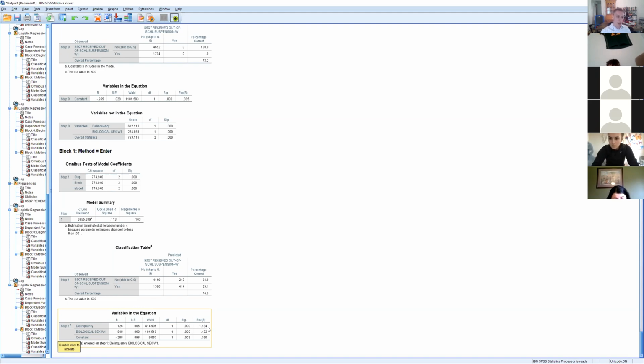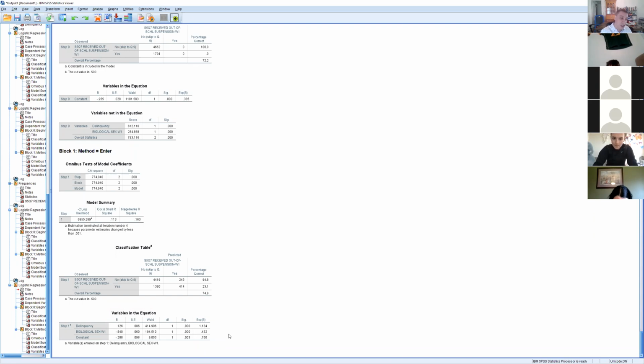And if you plug this value, 1.26, back into that equation that I showed you originally, that had ever suspended as a dependent variable and just gender as the independent variable, that's what you would find. You would find the answer of 13.4, which is interpreted as a 13.4% increase in the odds of being suspended for every unit increase in delinquency.